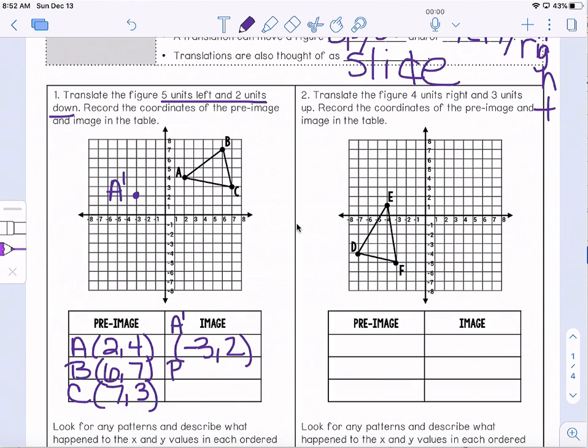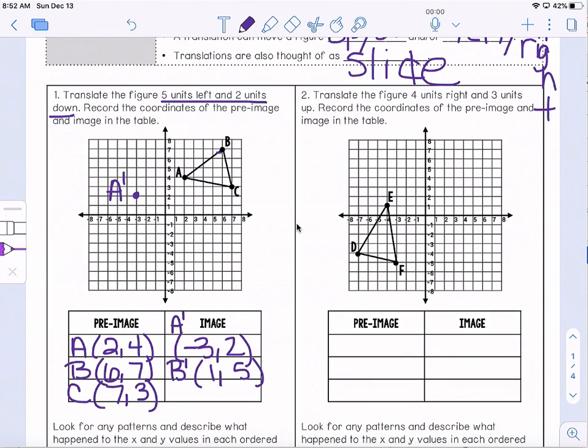So B prime, if I go 5 left, 1, 2, 3, 4, 5, I'm going to be at 1, and then down 2, I'm going to be at 5. So B prime is at 1, 5.